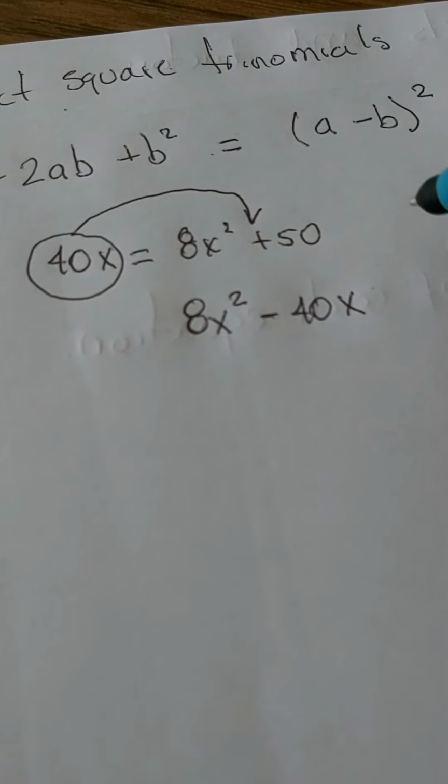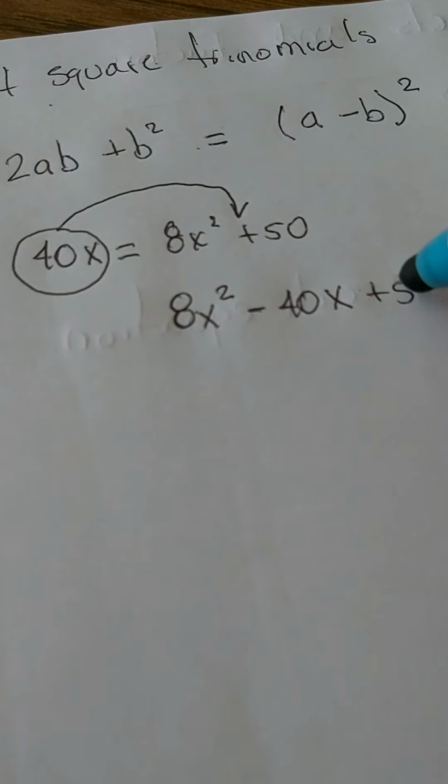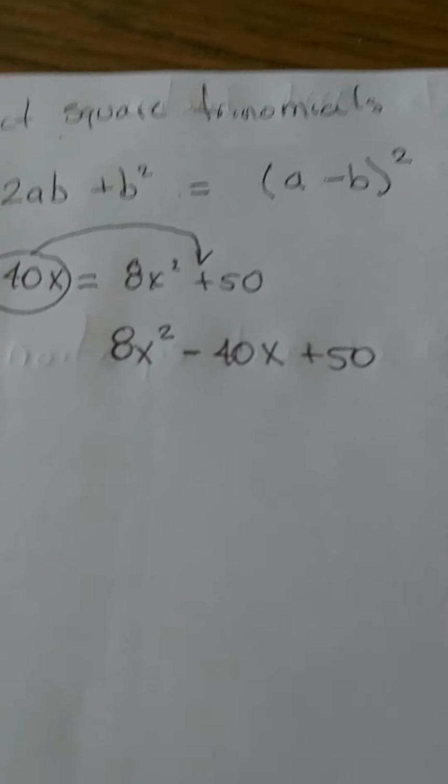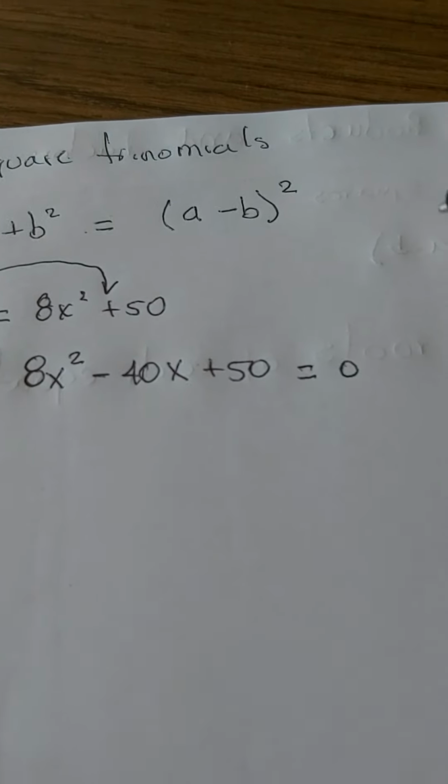So we get 8x squared. If here we had positive 40x, it would be minus 40x plus 50. Okay. And all of this has to be equal to 0.